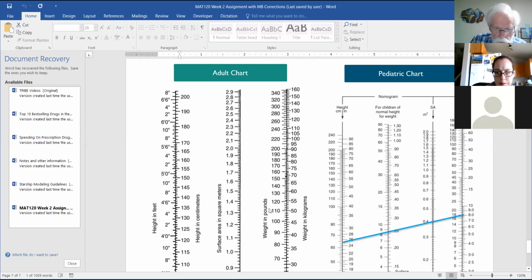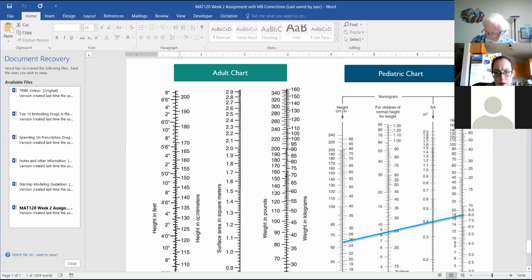So in this particular case, 110 pounds equals 50 kilos. If you divide 110 by 2.2, you'll get 50. So they've made it even easier. You don't have to do any conversions if you have this chart. They have the height in feet and in centimeters.